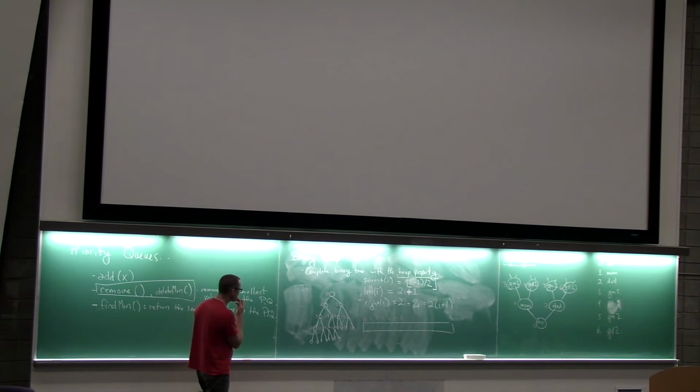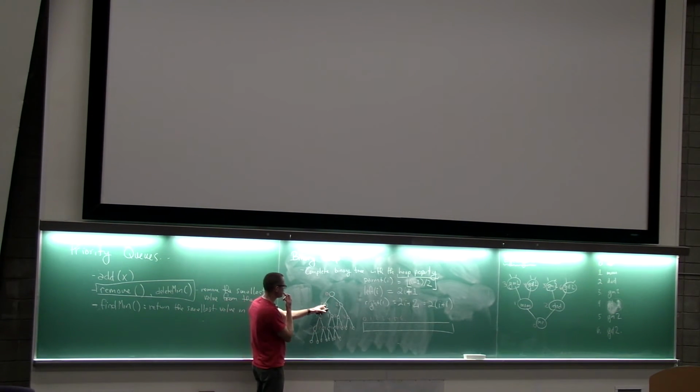So let's check that. Who is the parent of 1? Well, 1 minus 1 is 0, divided by 2 is 0. Who is the parent of 2? So 2 minus 1 is 1, divided by 2 is a half. Let's take the floor and you get 0.